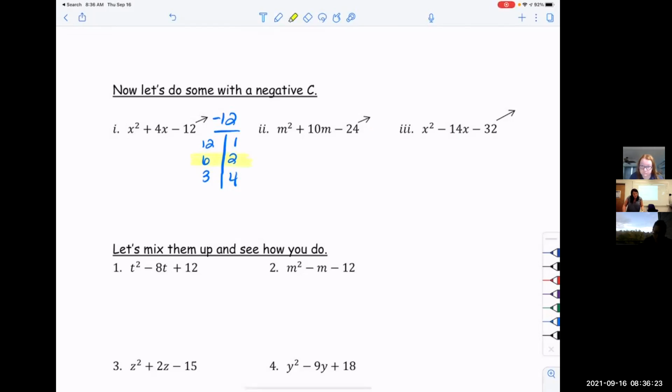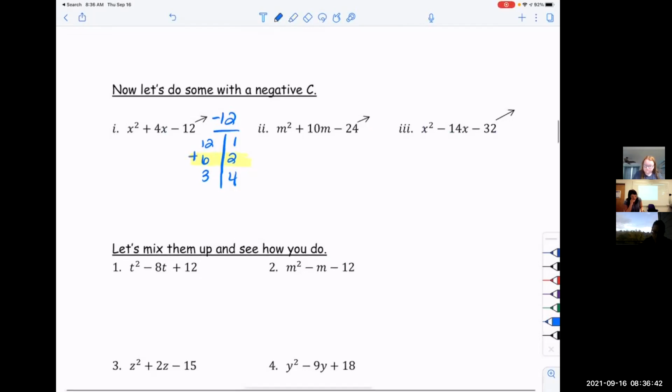Now I want a positive 4. Now you'll remember when you're subtracting, you've got that whole king of the hill where it takes on the sign of the highest number. So I want a positive 4. So which one of these has to be positive? Yeah. So positive and negative.